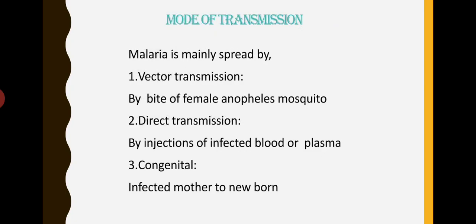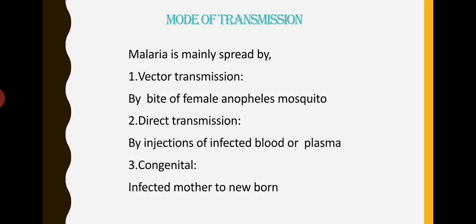Then mode of transmission: how is this malaria transmitted? Malaria is mainly spread by vector transmission. You know who the vectors are: mosquitoes are the vector which carries the protozoa. Through the bite of the female Anopheles mosquito, and indirect transmission by injection of infected blood or plasma.